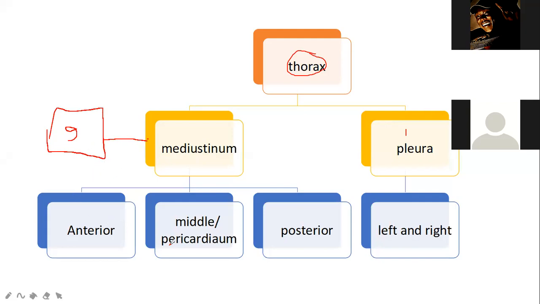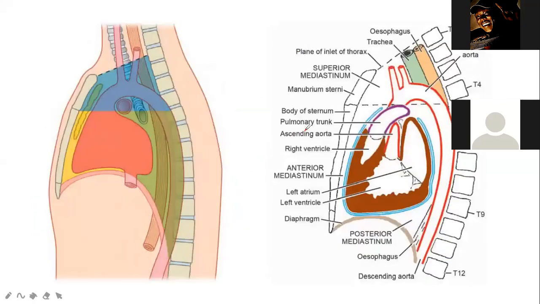The inferior mediastinum is the one that we divide into an anterior mediastinum, a middle mediastinum where we have the heart, that is the pericardium, and a posterior mediastinum. So those are the structures that we have there.